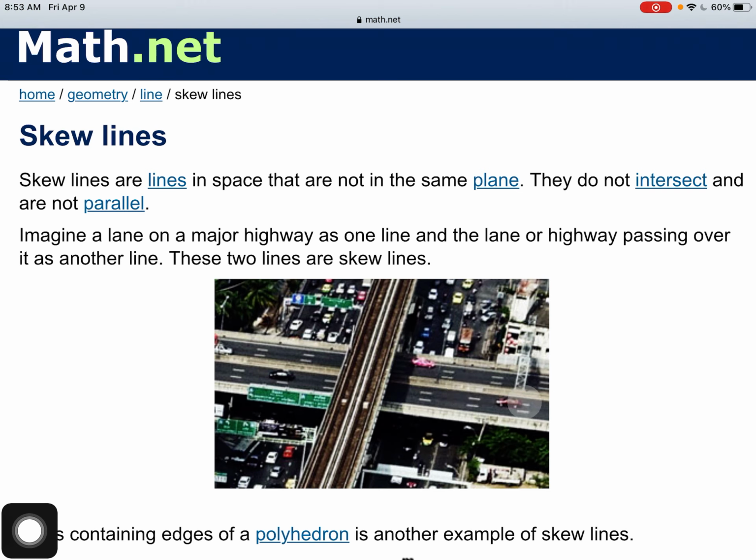You can think of this freeway down here as sitting on one plane, the roadway down here sitting on another plane, and then this appears to be a railway sitting on yet a 3rd plane. So the lines that the cars are traveling along in these 3 different roads are all skew because they're on different planes, but they're lines that don't intersect.